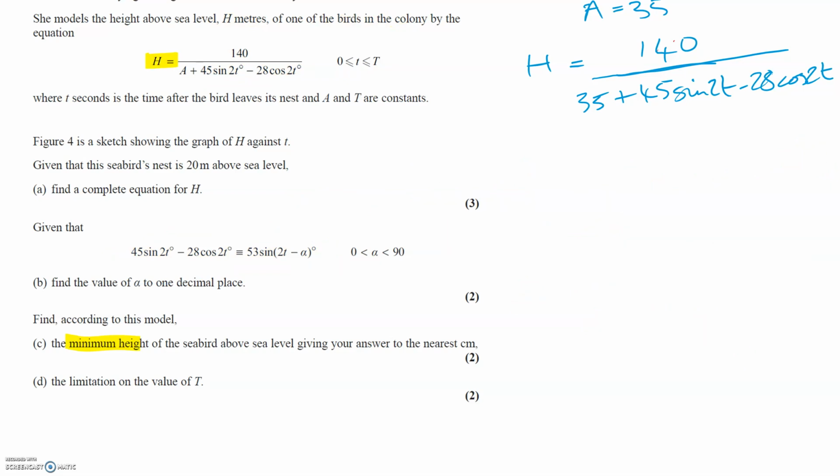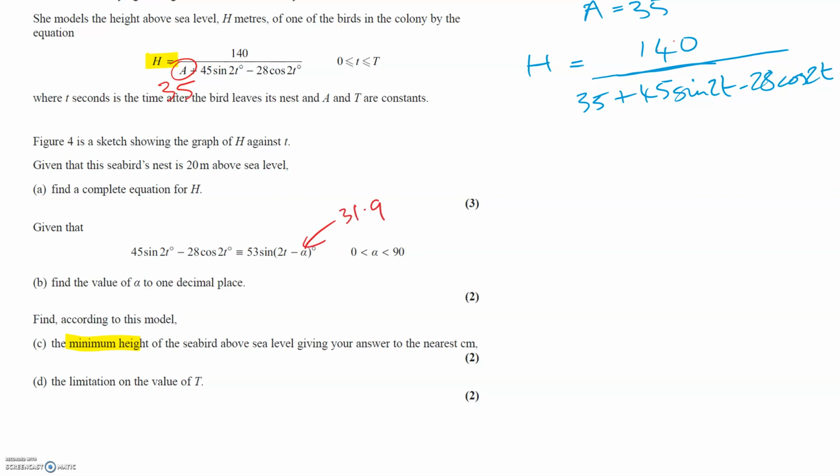In part C, we want to find the minimum height of the seabird. So we want the minimum h can be. Don't forget, we've worked out that A is 35. We did that in part A. And we've also worked out that this value of alpha down here is 31.9.